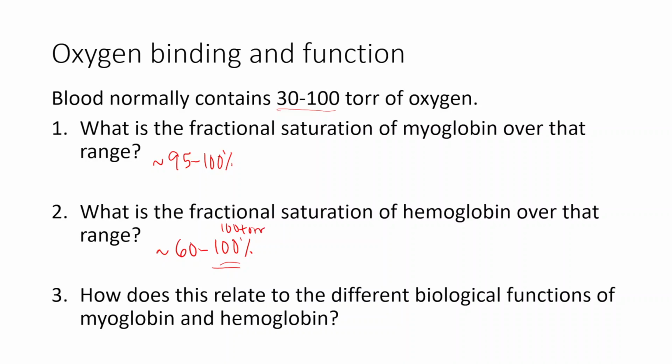But once we're traveling in the blood to the tissue, hemoglobin has to drop off the oxygen where it's most needed, where we have the lowest amount of oxygen. When we're down to about 30 torr, hemoglobin is only about 60% saturated, versus myoglobin, which still wants to hold on to the oxygen even at that low pressure.